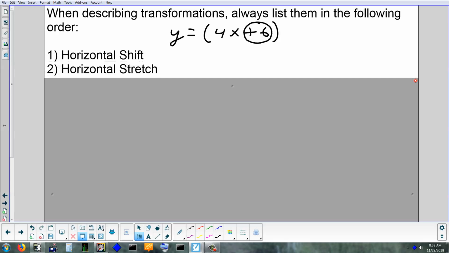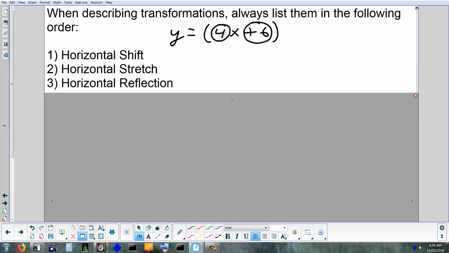The next thing you would do, if you have it, is a horizontal stretch. This problem does have a horizontal stretch. I just circled it right there. And you could go back in your notes and look what multiplying inside does, but I'm telling you when you multiply inside, that's a horizontal stretch.